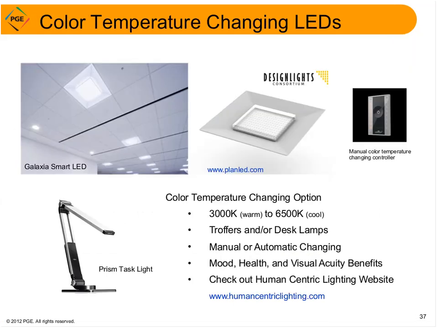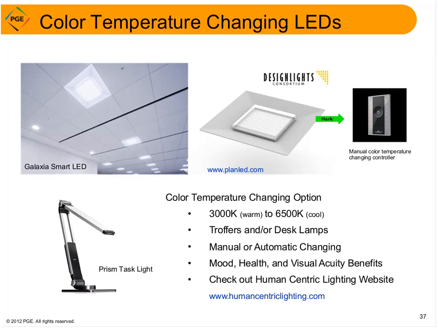I want to take a moment to let you know about an exciting option that works really well with LEDs. For very little extra cost, you can get LED fixtures that can change their color temperature either manually using a wall-mounted controller or automatically through a central control system.